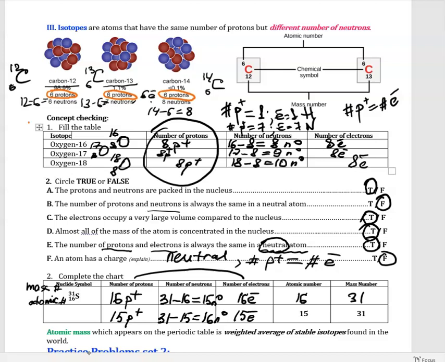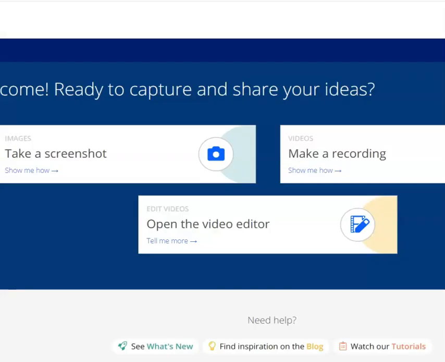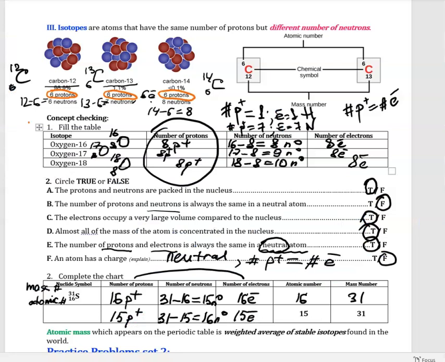No. That's why they are not isotopes. They are two different elements. So actually, go to the periodic table. 15 and 15, you can see it's phosphorus. 15 and 31. Okay, so that was about isotopes.